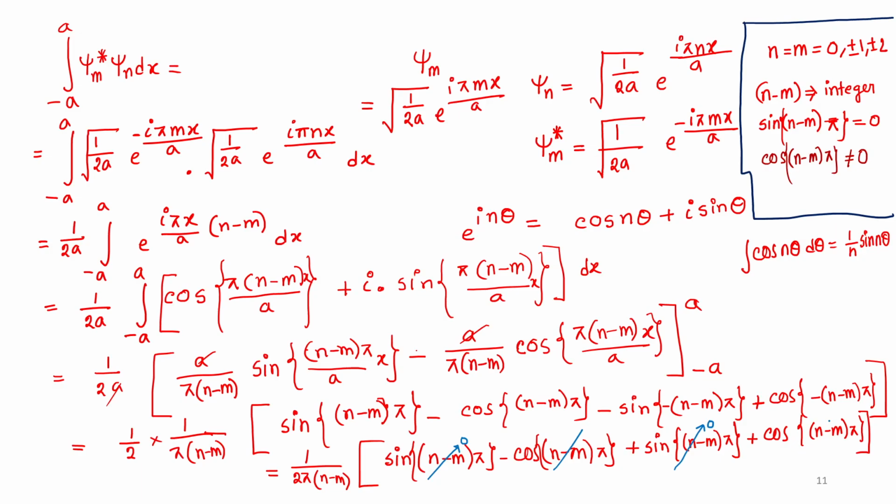So now they can be cut down. So overall, I got 0. Means whatever I am doing, the integral from minus a to a of psi m star multiplied by psi m dx is 0.